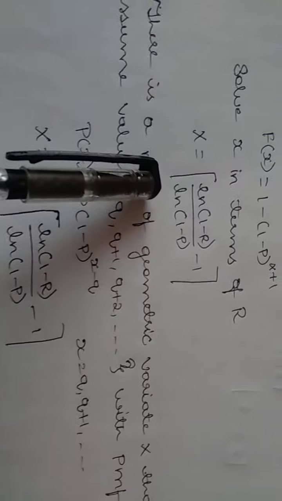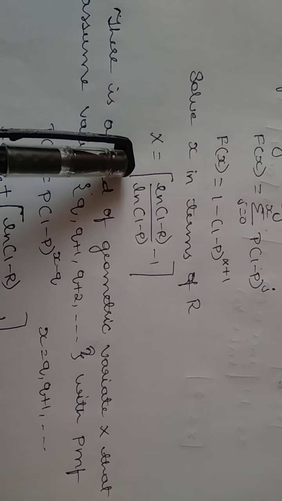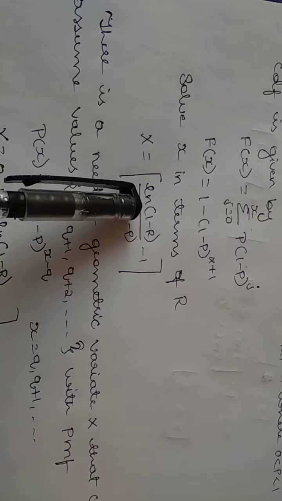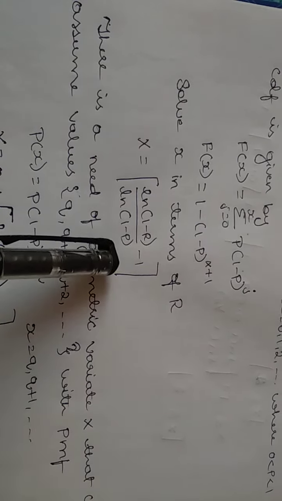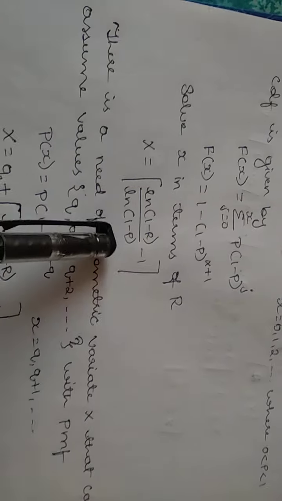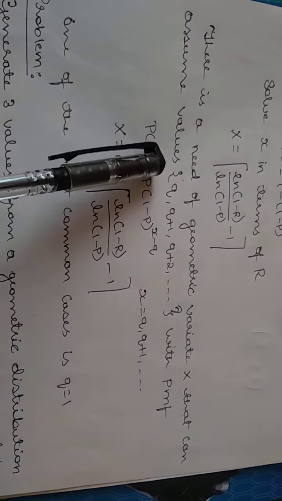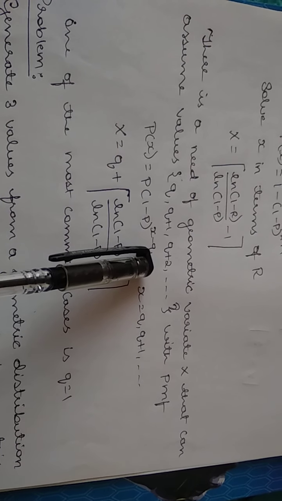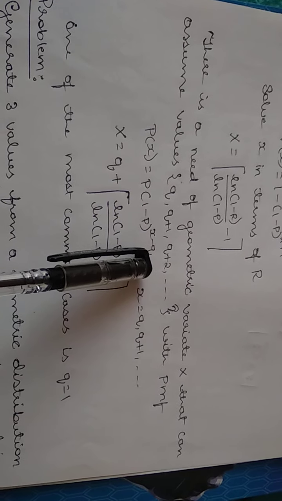If you solve this for x, we have to take the log on both sides. After that you will get x is equal to ln of (1 minus r) divided by ln of (1 minus p), minus 1. This is the standard formula. There is a need of geometric variate x that can assume values q plus 1, q plus 2. This is a geometric distribution, so we need a geometric variate.